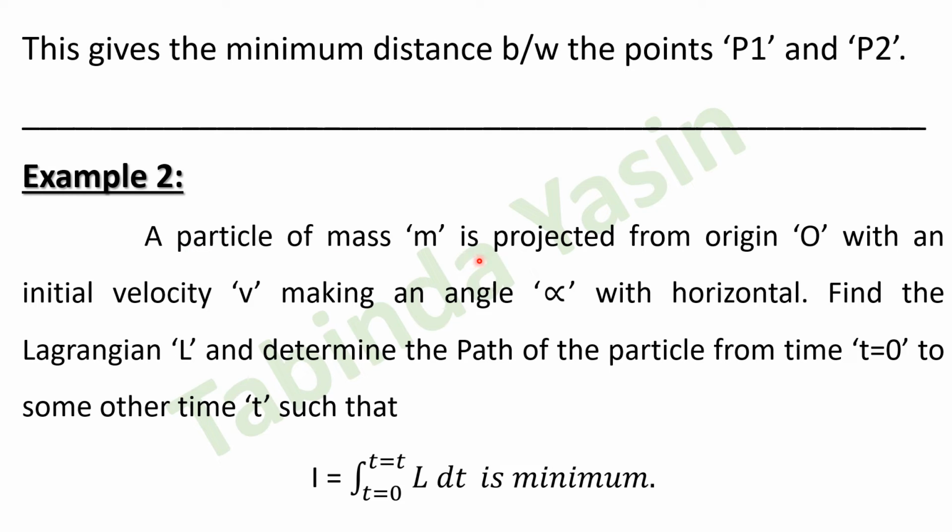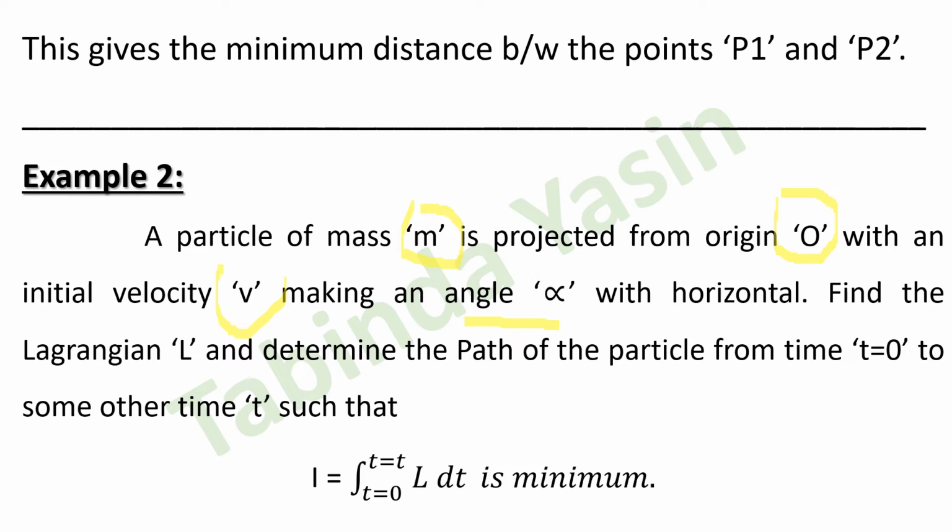A particle of mass m is projected from origin O with an initial velocity v, making an angle alpha with the horizontal.